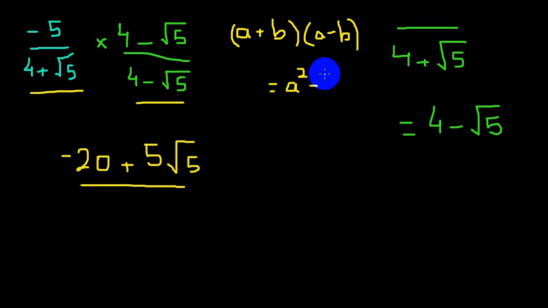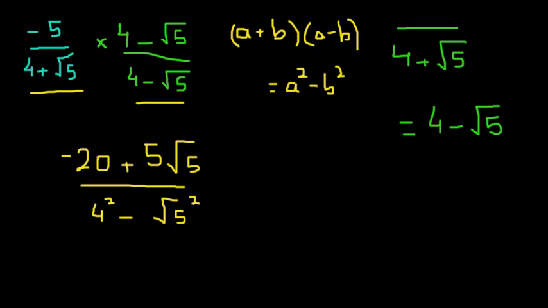So here for a we have 4, and for b we have square root of 5. So let's write this. It will be 4 square minus square root of 5 square.